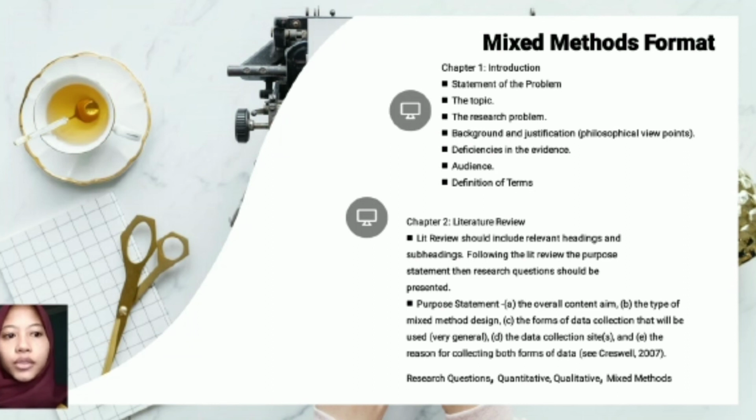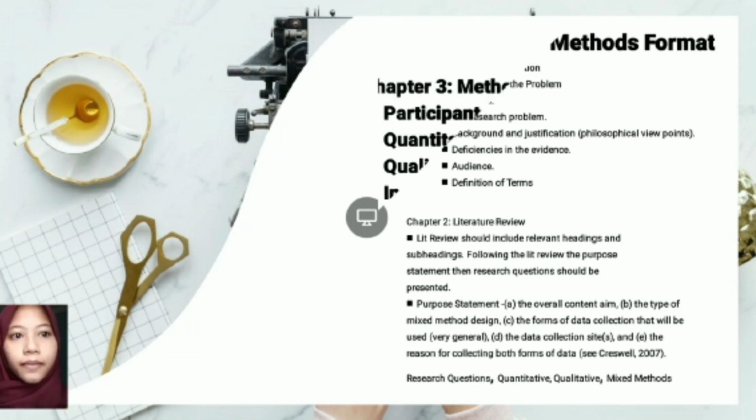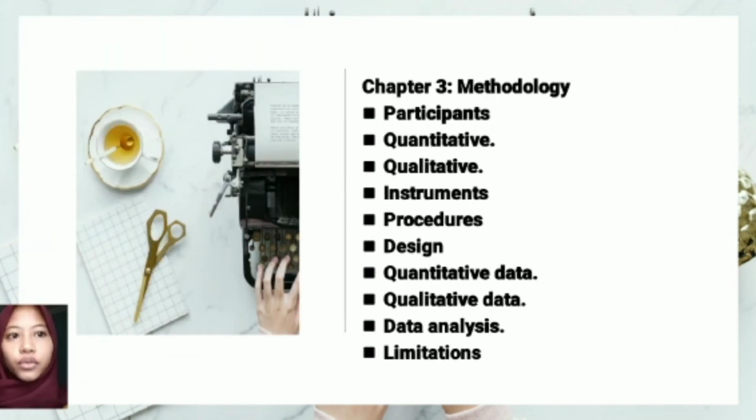And then the research questions: quantitative, qualitative, and mixed methods. And then in chapter 3, there is the methodology, which first consists of participants, quantitative and qualitative instruments, procedures, design, quantitative data, qualitative data, and then data analysis, and the last is limitations.